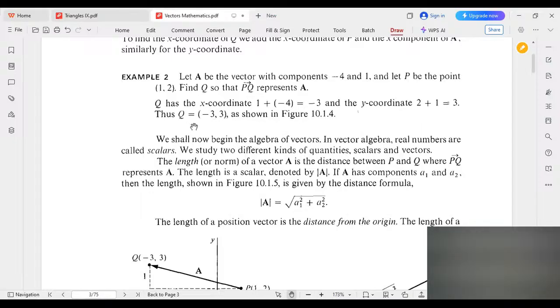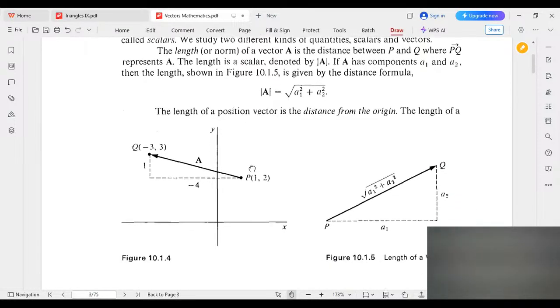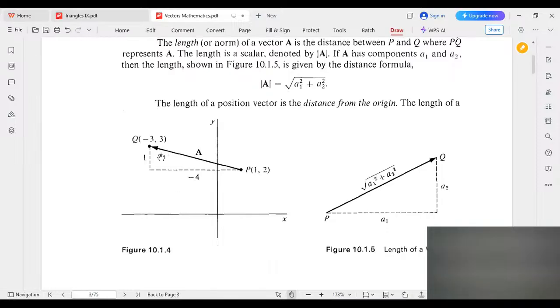Thus Q is minus 3, 3, as shown in the figure. This is figure 10.14. So this is P, and this is Q.